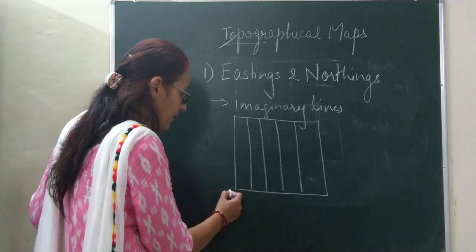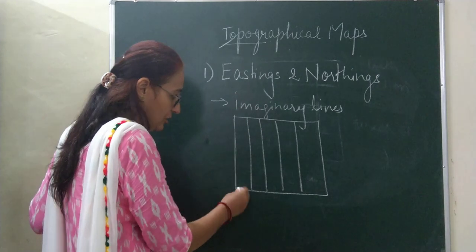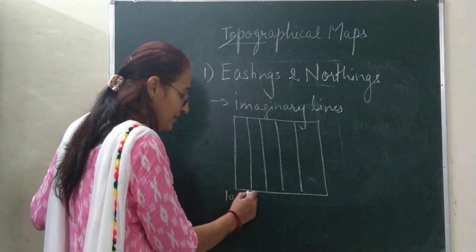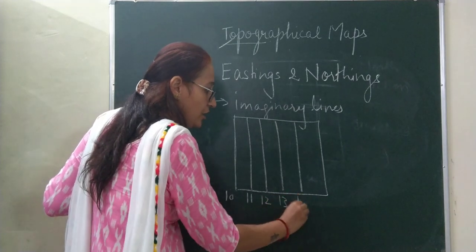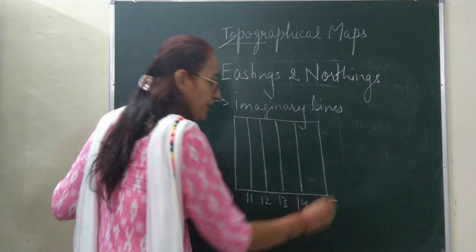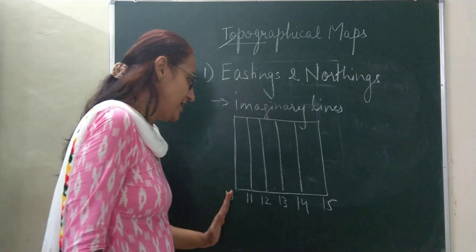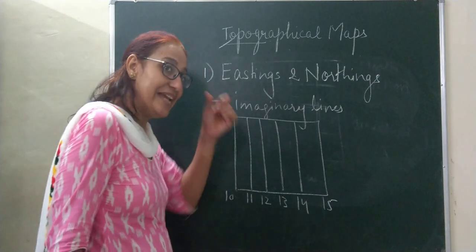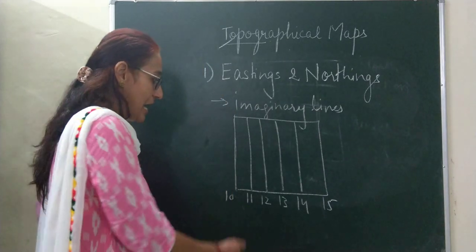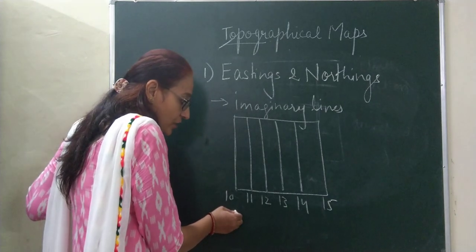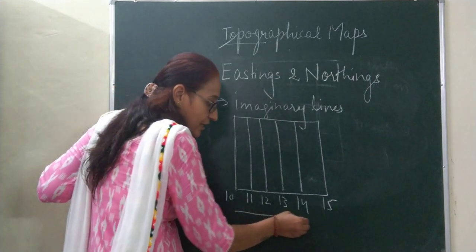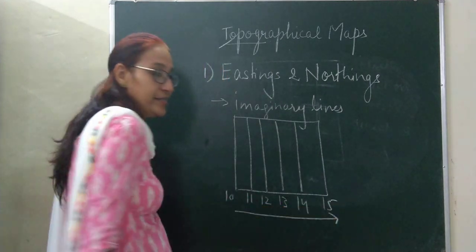Like here, this is also a line included here, 10, 11, 12, 13, 14, 15. So these are the numbers indicated with each standing line. And if you observe carefully, the number is increasing toward east.